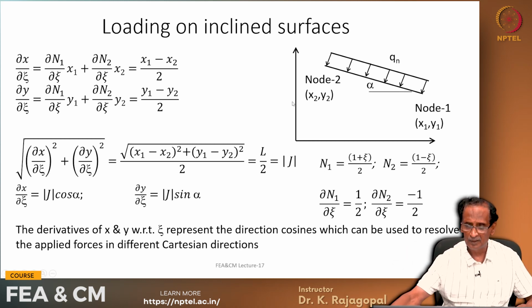Node 1 is x1 y1, node 2 has coordinates x2 y2, and dou x by dou xi is (x1 minus x2) by 2, and dou y by dou xi is (y1 minus y2) by 2, and the length of this element we can get as the square root of (dou x by dou xi) whole square plus (dou y by dou xi) whole square, and this is L by 2, and that is J.